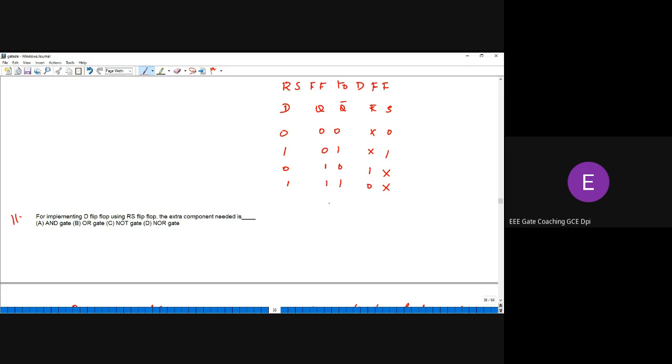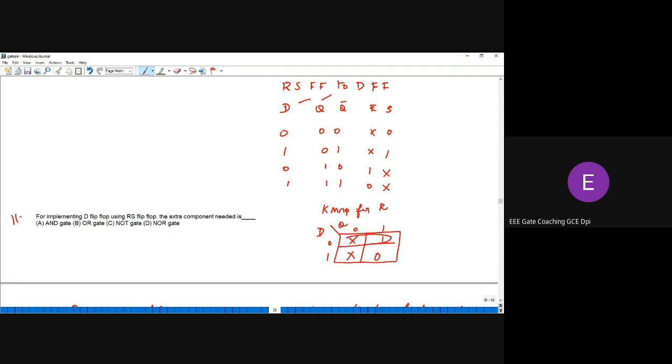So if I plot a K-map for R, I have to consider only D and Q. So D and Q means it's a 2-bit number. D and Q 0 1 0 1. So for 0 0 it is X, then for 1 0 it is X, then for 0 1 it is 1, then for 1 1 it is 0.